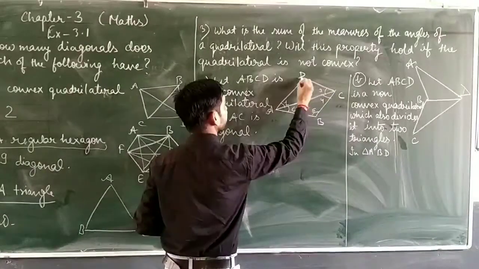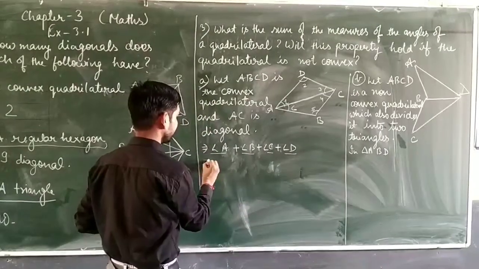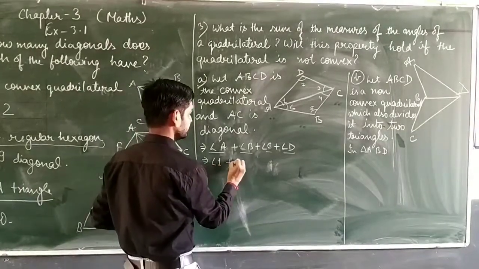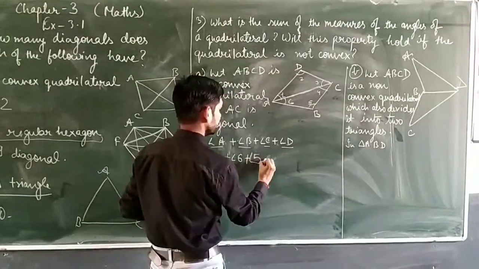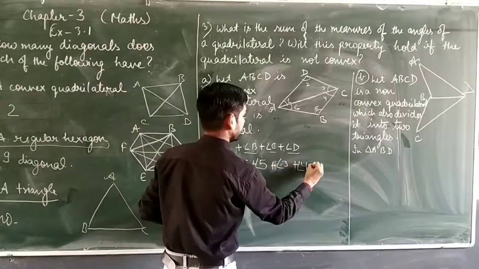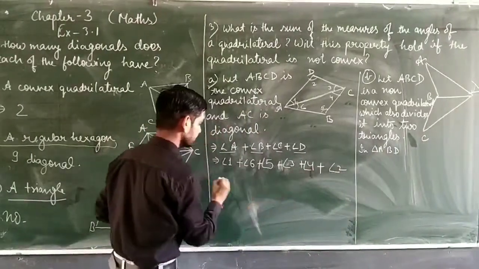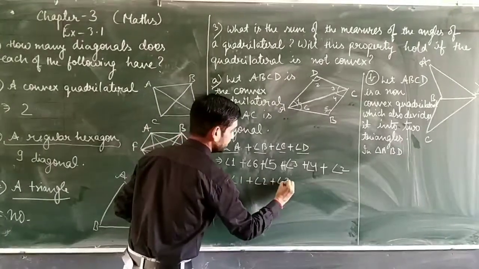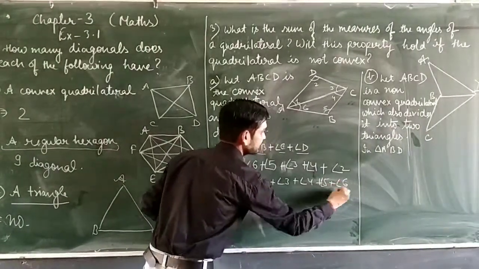So, you know about the sum of the quadrilateral: angle A plus angle B plus angle C plus angle D. Put the values of angle A. Angle A's value is angle 1 plus angle 6. Put the angle B's value. B's value is 5. C's value is 3 plus 4. And D's value is angle 2. You can see total 6 angles are there. Now, angle 1 plus angle 2 plus angle 3 plus angle 4 plus angle 5 plus angle 6. We can write like this also.